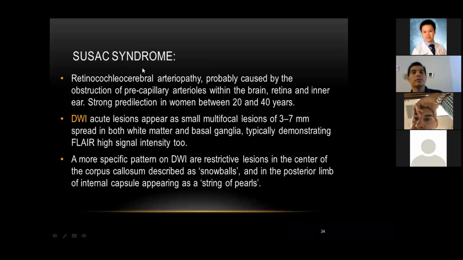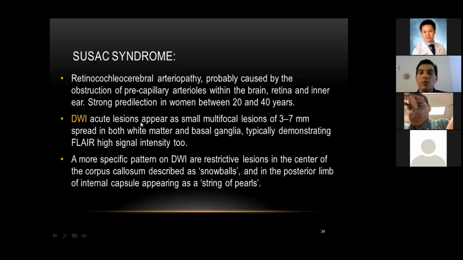Susac syndrome is a rare disease, a retinocochlear cerebral arteriopathy, probably caused by obstruction of precapillary arterioles. It happens in the brain, retina, and inner ear.